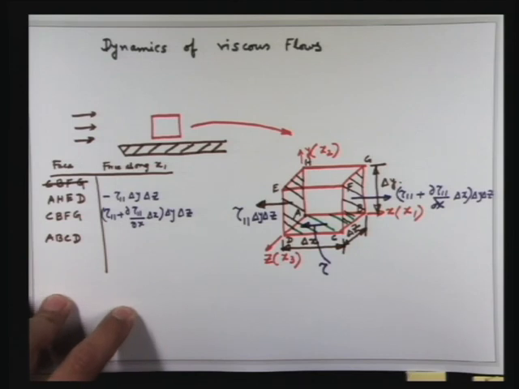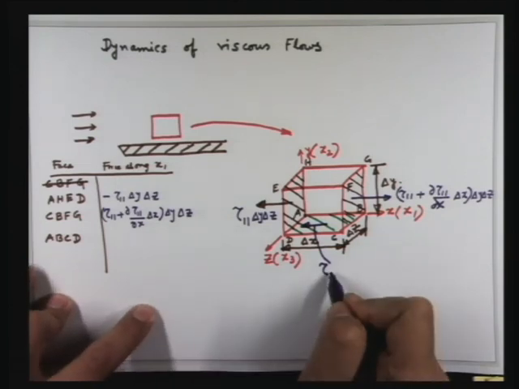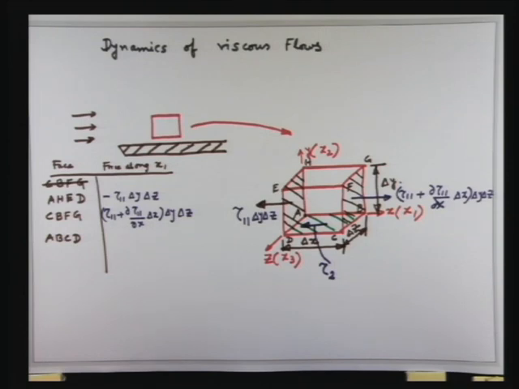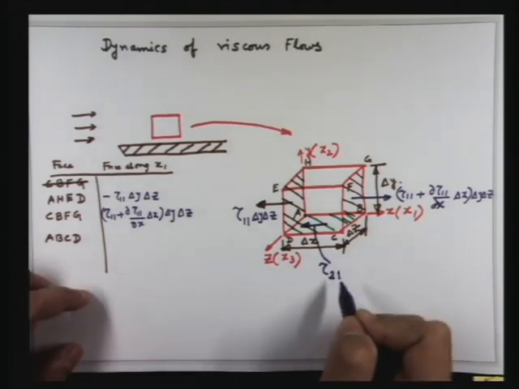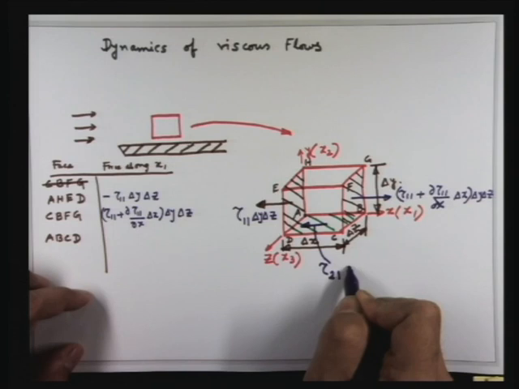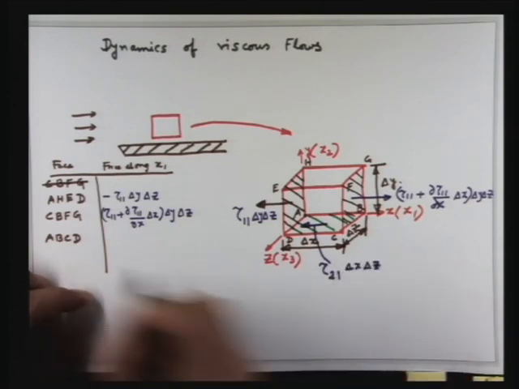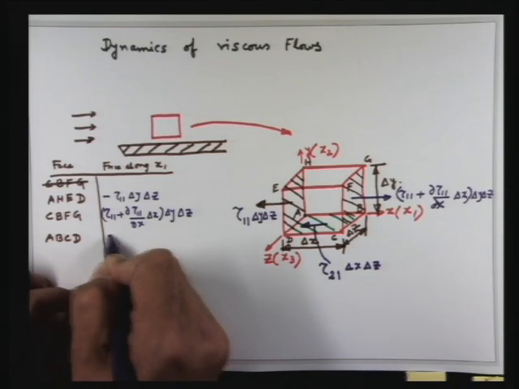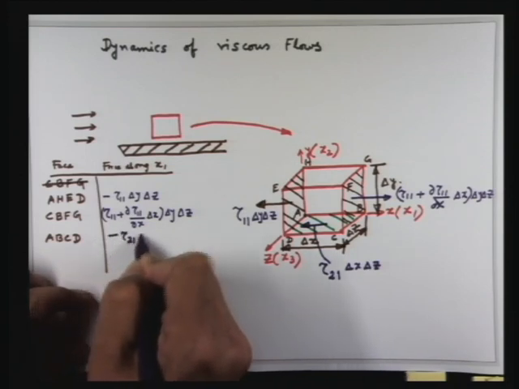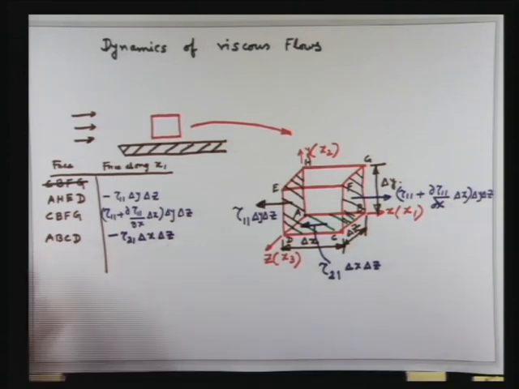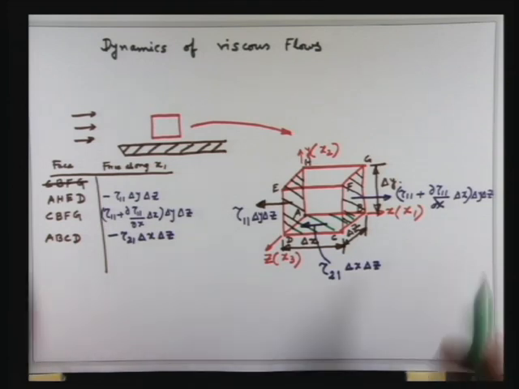Tau. What is the direction normal? Tau 2 is the first index and 1 is the second index. Very good. Then this into delta x into delta z. So we are filling up this table, minus tau 2 1 delta x delta z. Let us consider the top face.